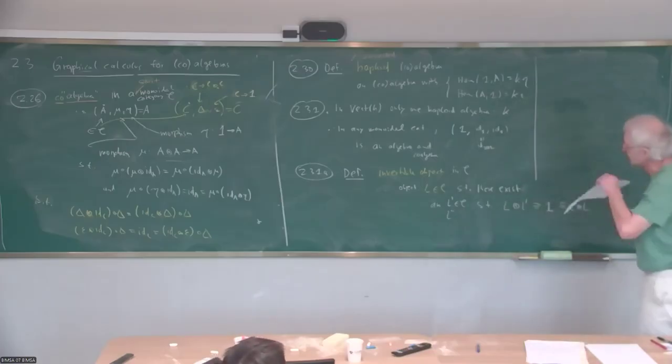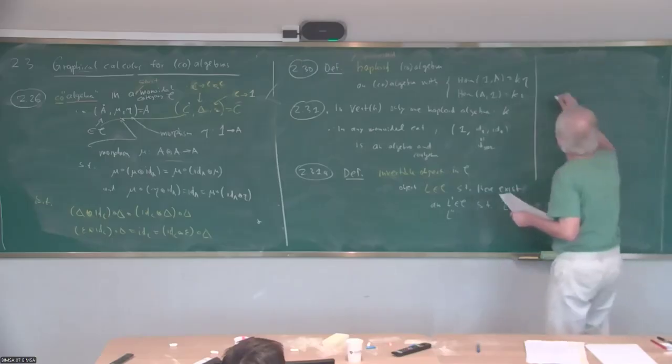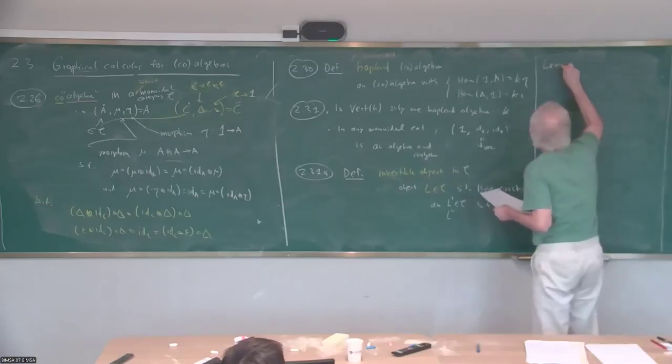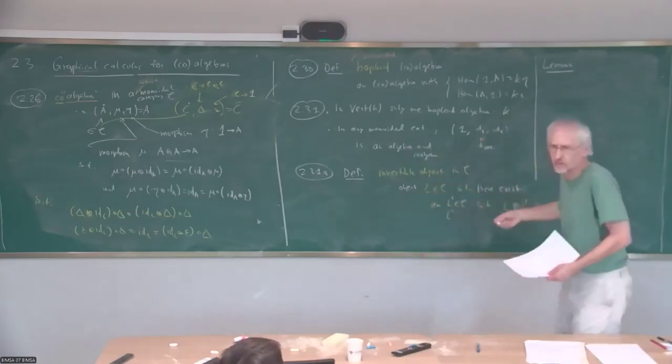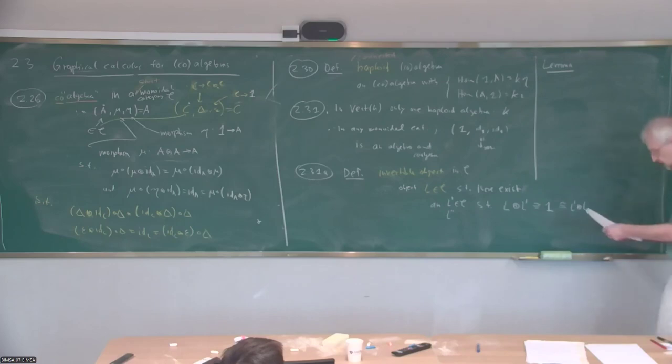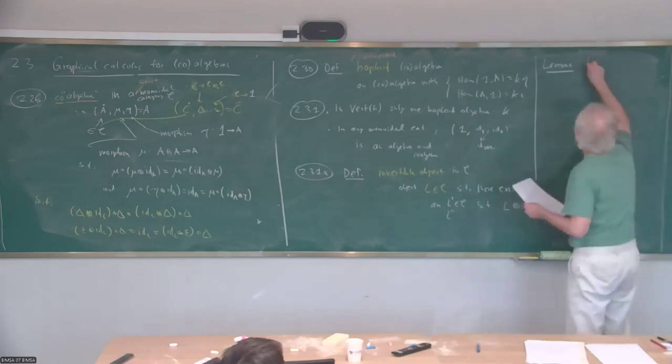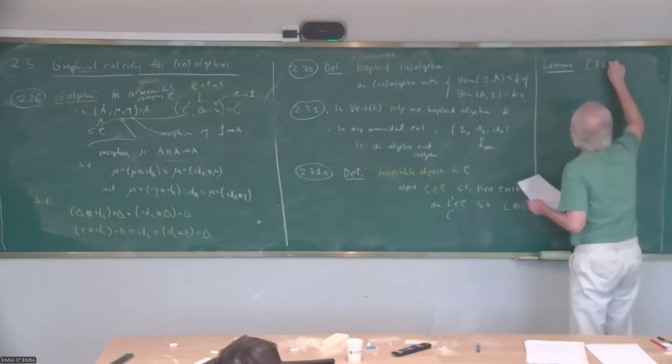Such objects have many special properties, and I mentioned a few of them. The first one actually does not really make sense yet for us because we haven't had the corresponding notion.